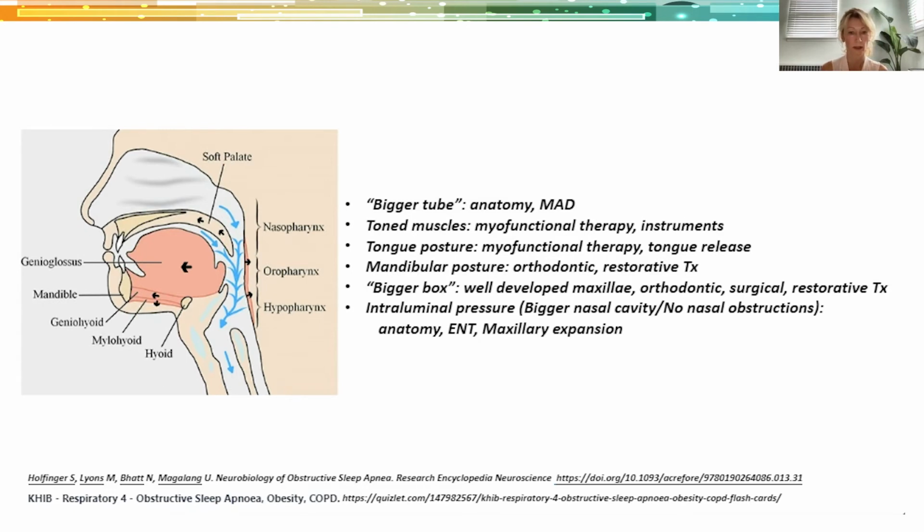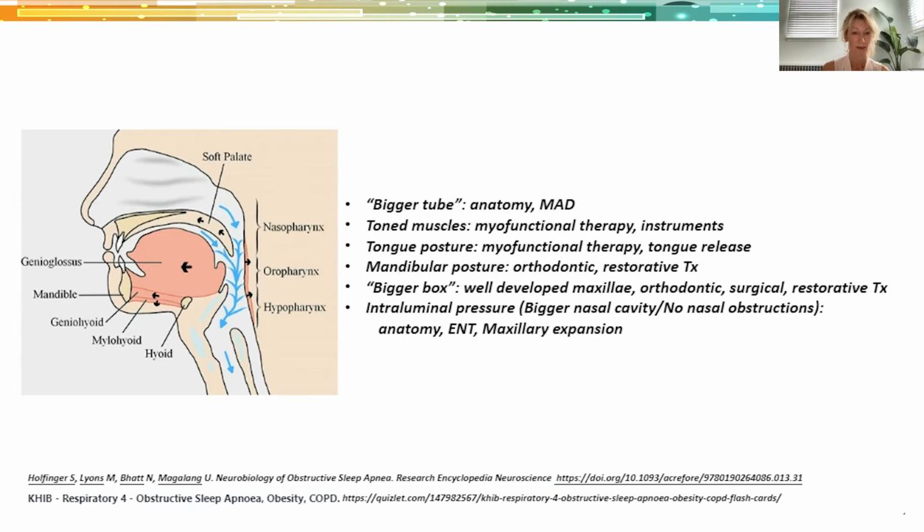There's some evidence about myofunctional therapy, about playing some instruments that help exercise those muscles and help keep the airway patent during sleep. So that is something that is helpful. Is it 100%? Again, it depends on which phenotype the patient falls in.